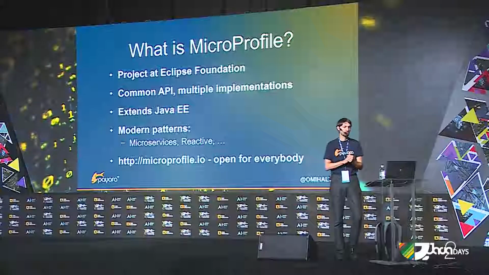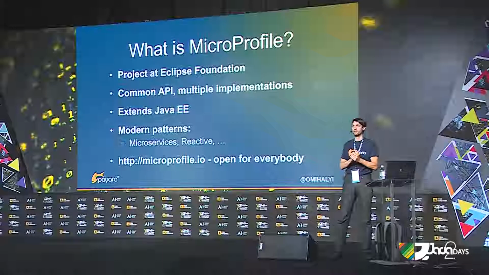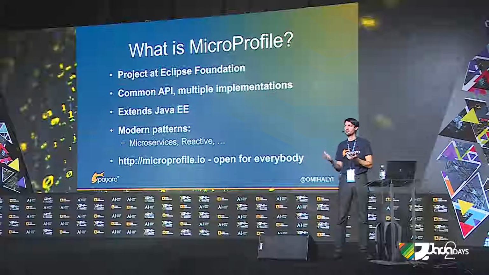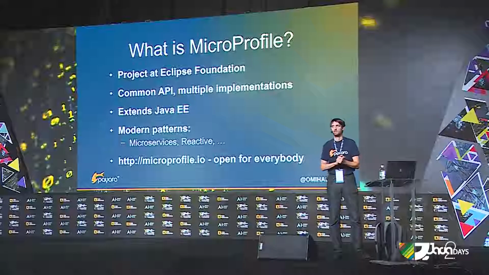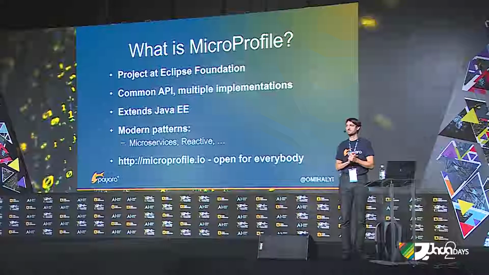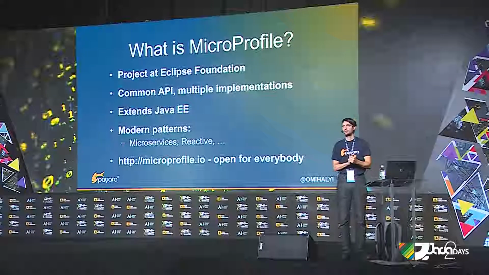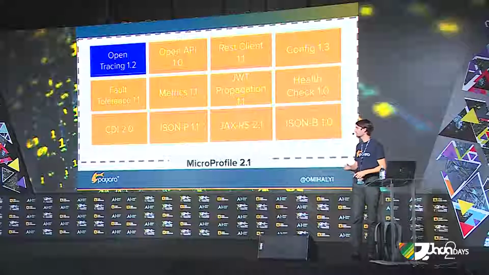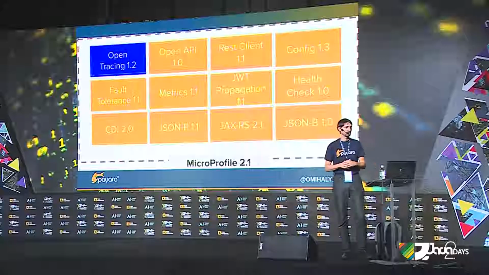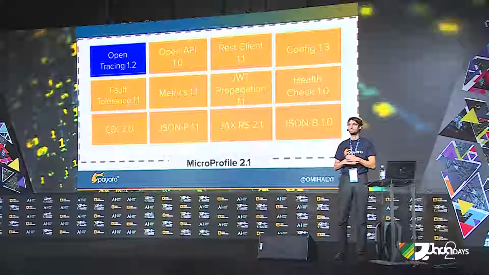And we are open to community, so we value every feedback. If you haven't tried Microprofile, just give it a try. Try to learn the APIs, the functionalities it covers. It's very lightweight, it's easy to start, and it provides a lot of APIs, like here on the picture, but they are small compared to Java EE specifications.